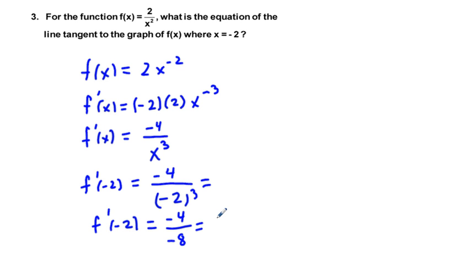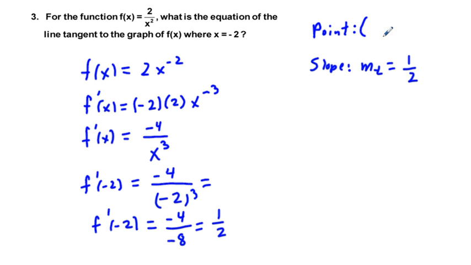So we're going to simplify here to 1/2. And then, so we need two things, a point and a slope. Well, our slope, we have m sub t is equal to 1/2.